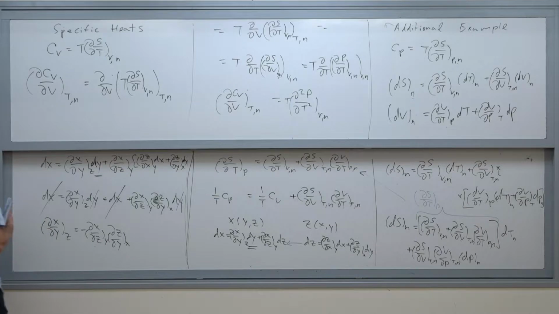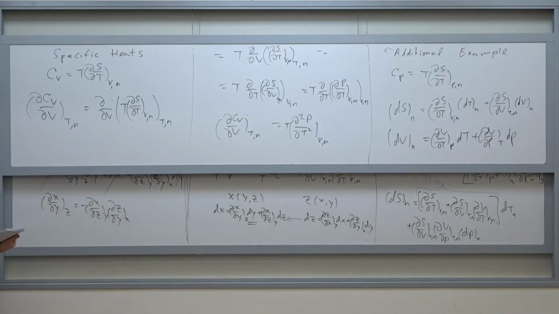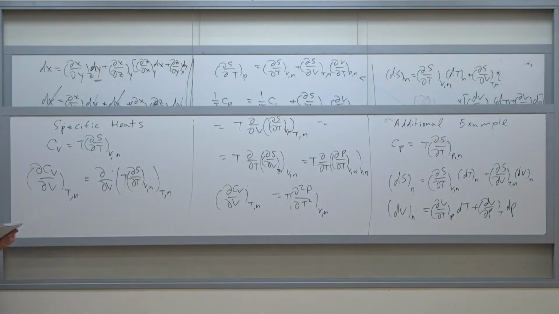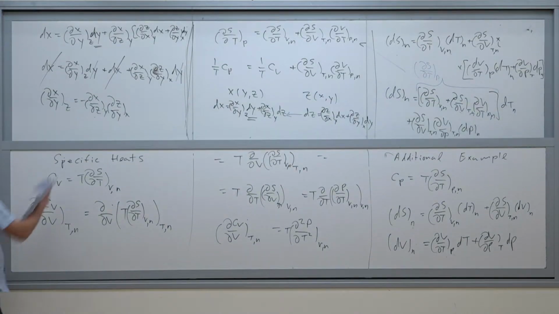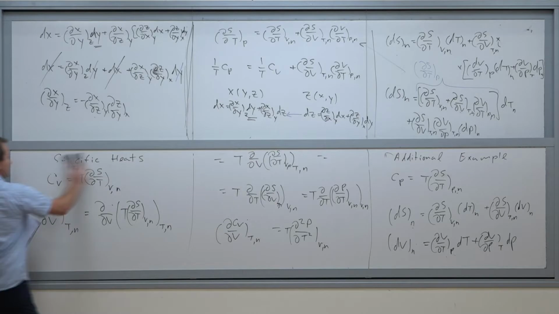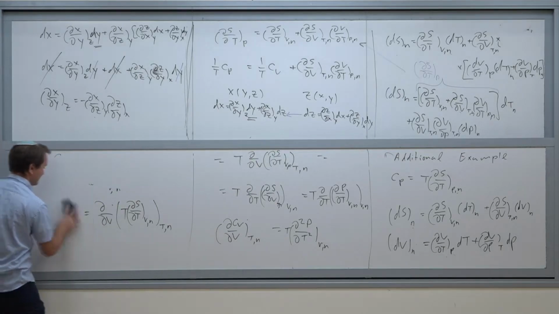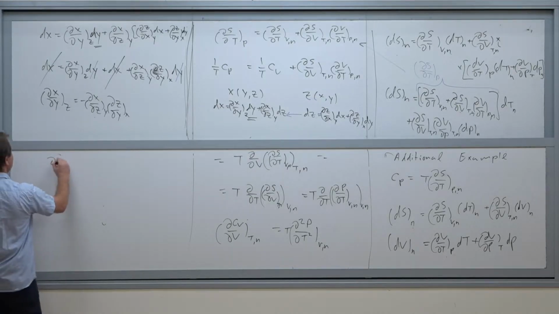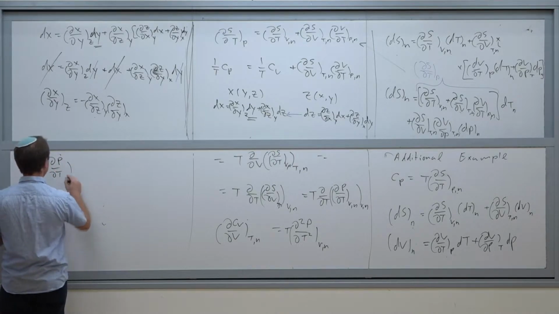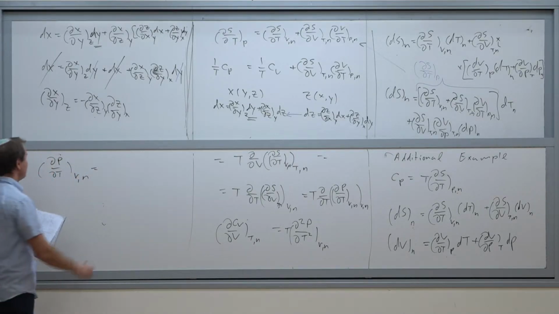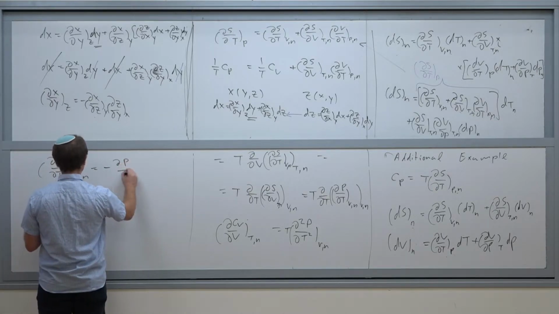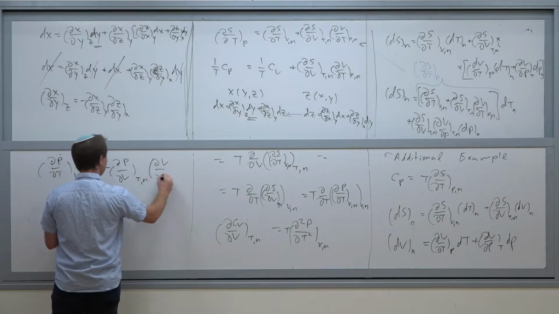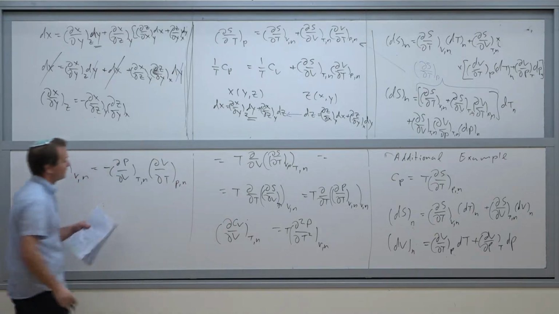We are going backwards, and by using this formula, we can say that dp dt with constant v and n, which is always constant in this example, is simply equal to minus dp dv, constant t and n, times dv dt, constant v and n. Okay?